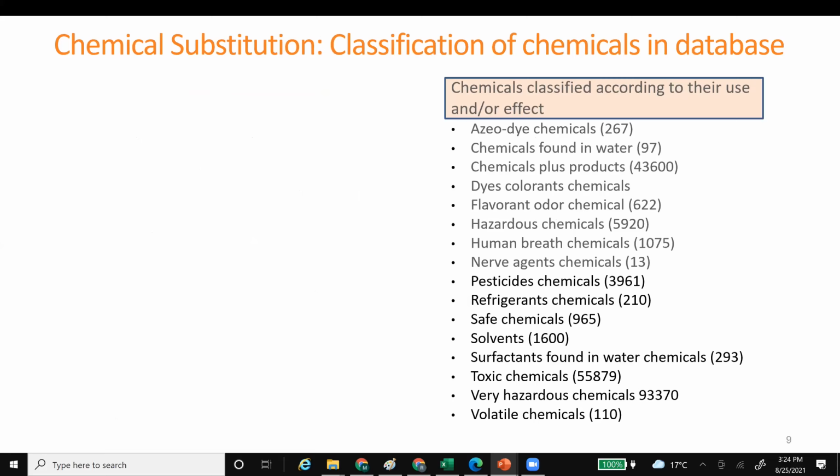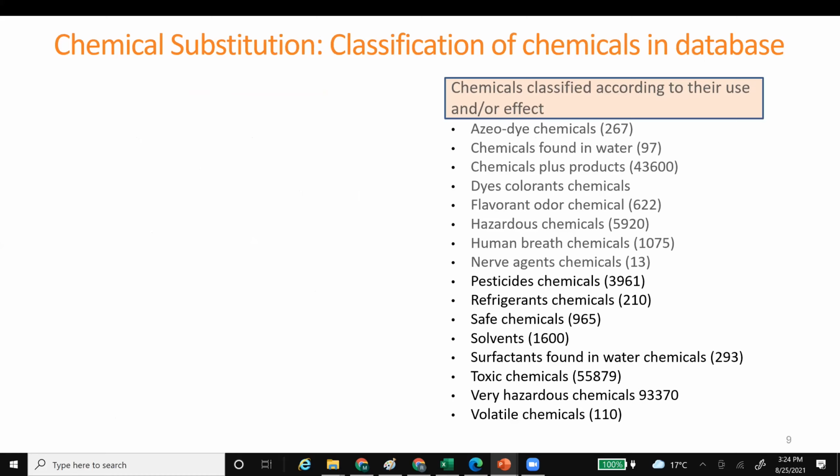And then there is the question of classification of the chemical types. There are different classifications, of course, possible. One classification from a product point of view or substitution point of view is to classify them according to their uses. We call it also chemical type. So if we are looking for refrigerants, we can go and look for refrigerant chemicals.